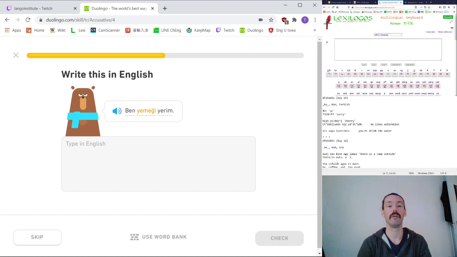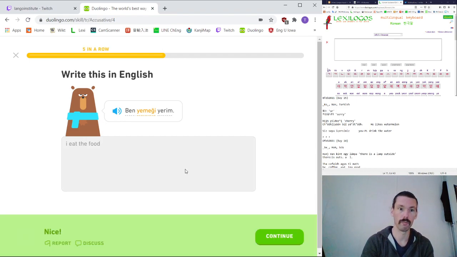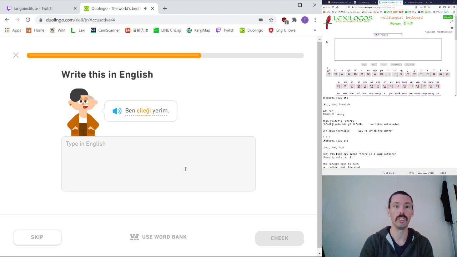Yeme. I eat the what? Oh, okay. So that's the root of eating. And yerim. Yemeği, here we have a noun form derived from it, which means food, the eaten stuff. I eat the food. Ben çileği yerim. Çileği. Strawberry.